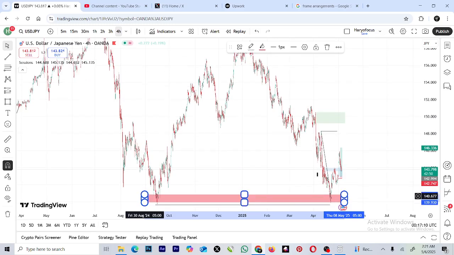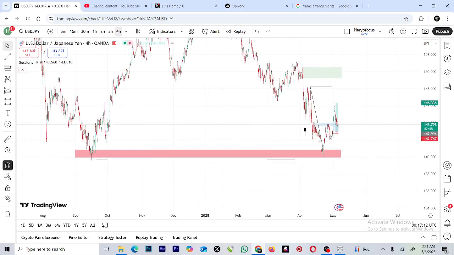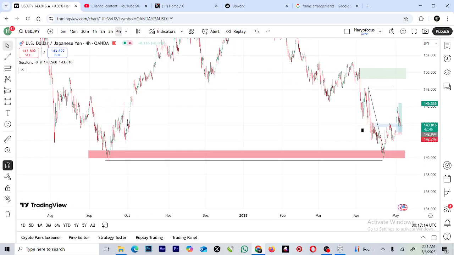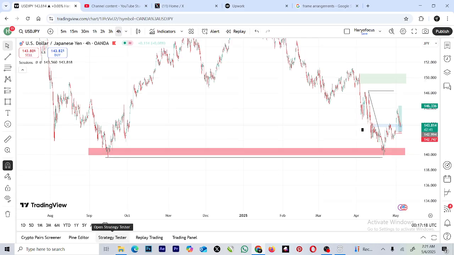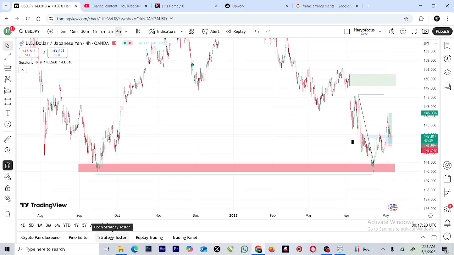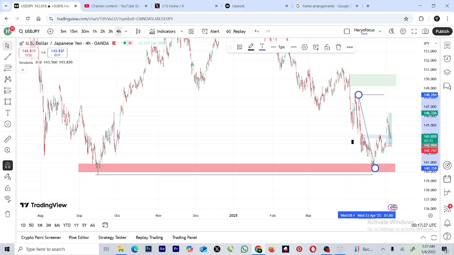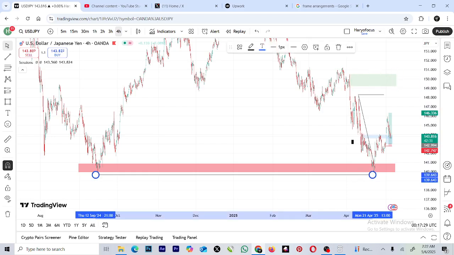You need to look for 2 to 3 support levels for you to determine, okay, this market is at a support level or resistance level.